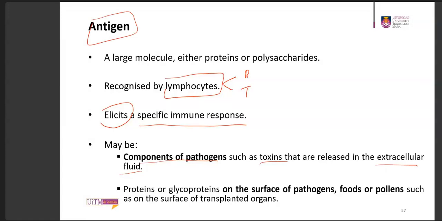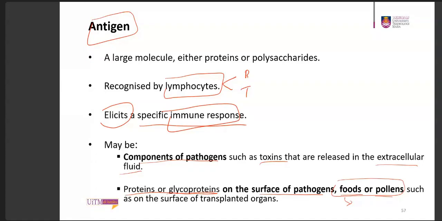So this toxin is also considered as antigen because it triggers your immune system against that pathogen. The antigen can also be proteins or glycoproteins on the surface of pathogens, foods or pollen. In this case, they will trigger a condition we call allergic reaction, because not everyone will react to certain food or certain pollens. So people who are sensitive, who have allergies, will also trigger an immune response, which is allergic reaction.